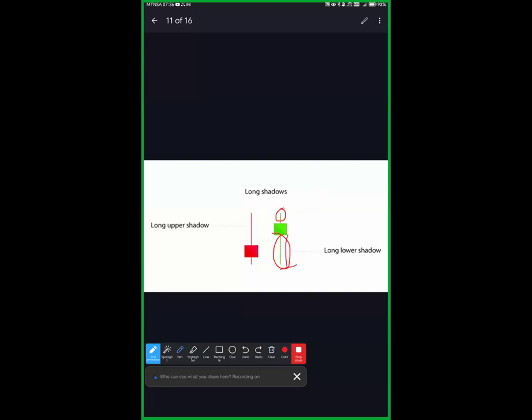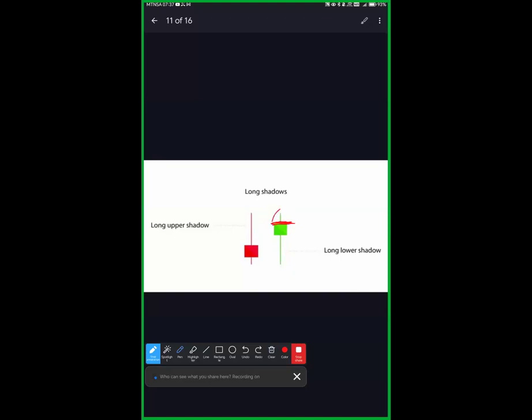The first activity, ladies and gentlemen, in this candle here, for the price to come down here, where did it open? Okay, where did this price open? If it opened here, I'm just giving that as an example.